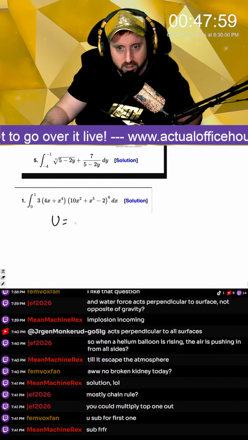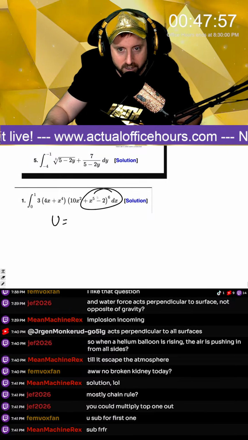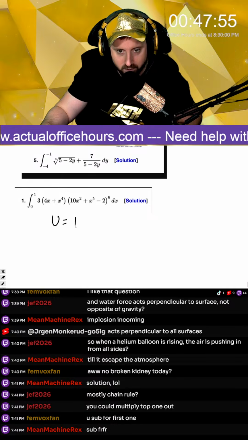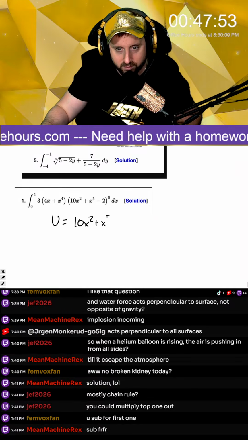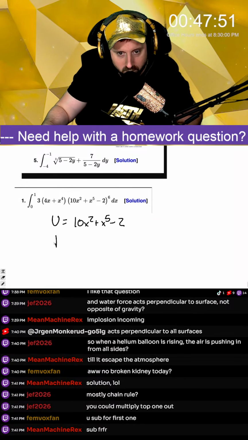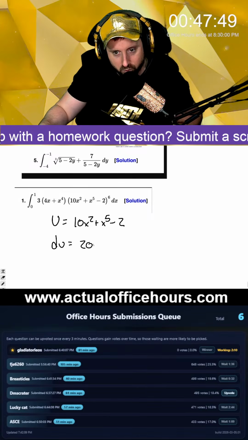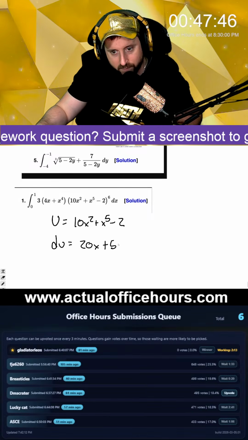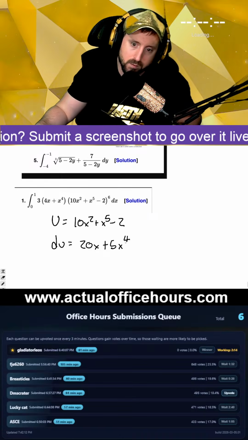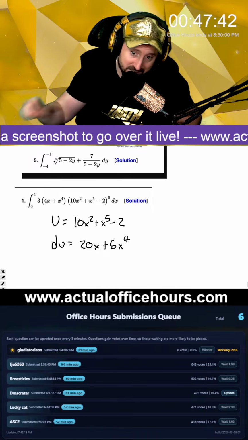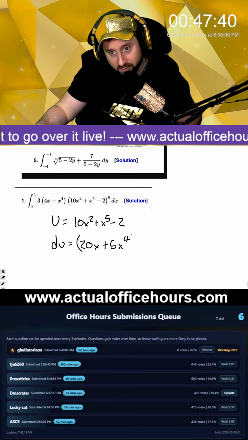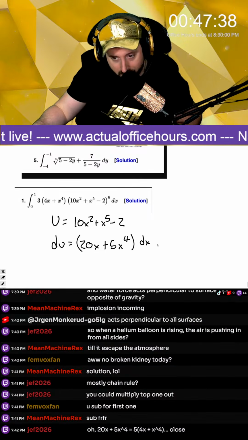Okay, so in this case, I would pick u to be 10x squared plus x to the fifth minus 2. So then du is equal to 20x plus 5x to the fourth, and this is all dx. Yeah, right, exactly.